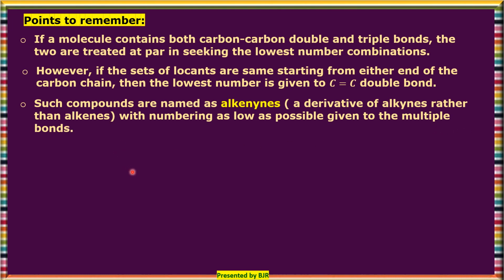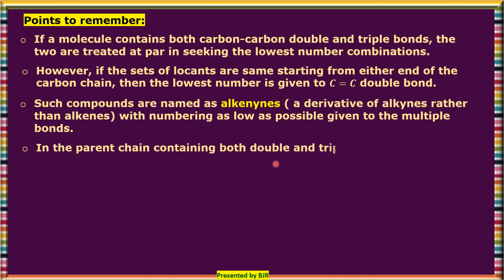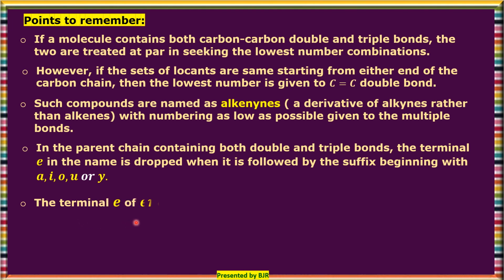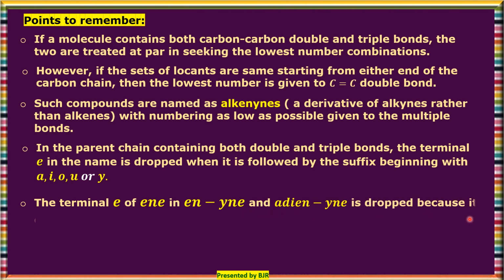And the next point to remember is, in the parent chain containing both double and triple bonds, the terminal E in the name is dropped when it is followed by a suffix beginning with A, I, O, U or Y. The terminal E of ene in enyne and adiyne is dropped because it comes before Y of yne.